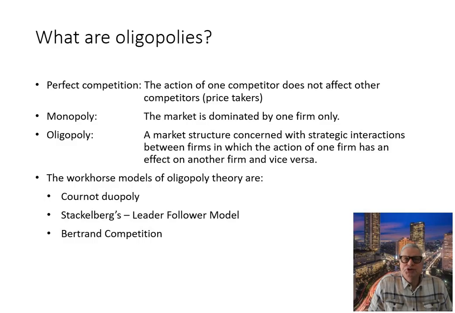In monopolistic competition, we introduced the concept of product differentiation in order to carve out individual segments of a market. And that idea is already pretty close to oligopoly theory, because market entry in monopolistic competition had an effect on the other suppliers.